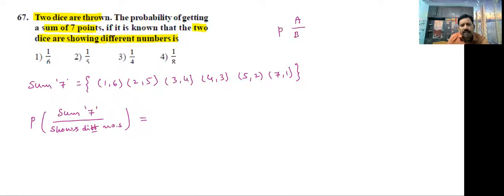P of A given B. What is the formula? P of A intersection B divided by P of B. See, in every event with sum 7, the numbers are different. So that's why the numerator is 6.